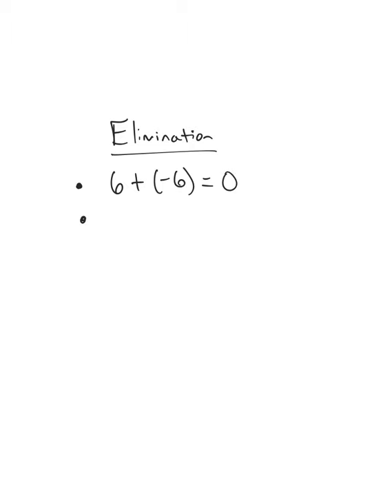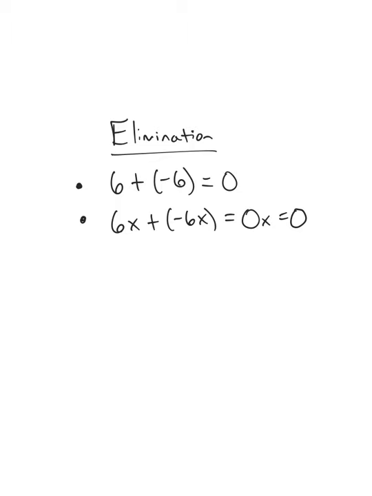And so if you do this and you had variables, so say it was 6x plus negative 6x. Well, okay, of course, 6 plus negative 6, that cancels to 0. Or 0x, which 0 times x, guys, is 0. So it cancels to 0.